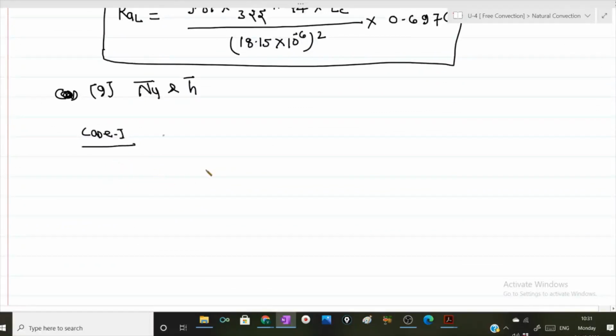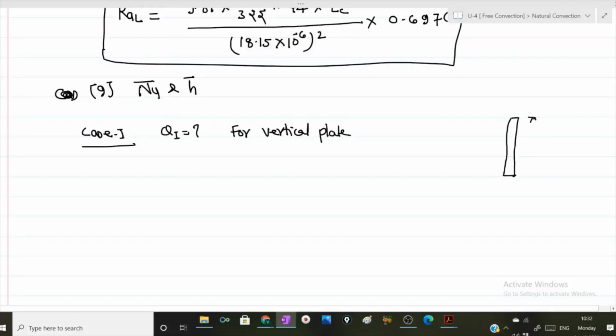What is case 1? We are supposed to calculate Q1 for a vertical plate. That is, this kind of plate is there. I am drawing its front view.